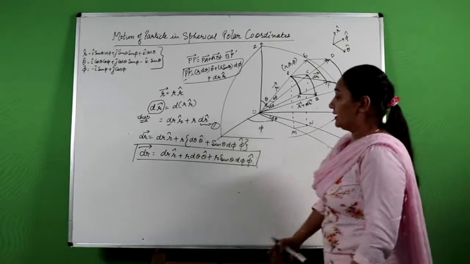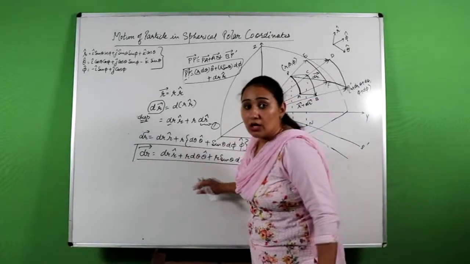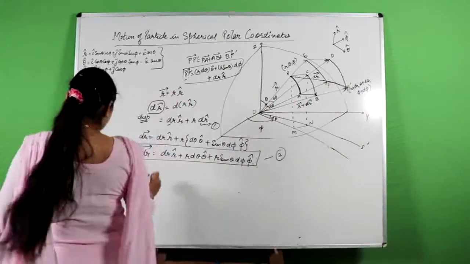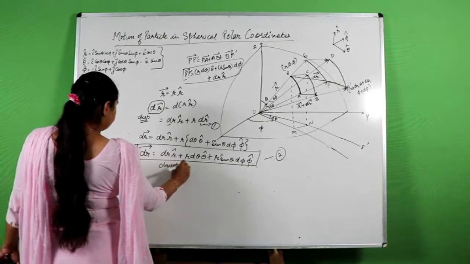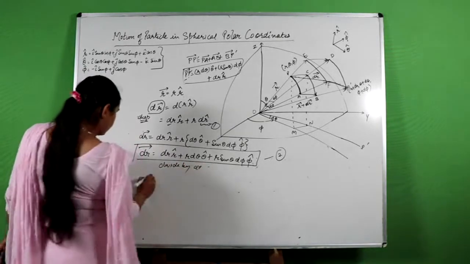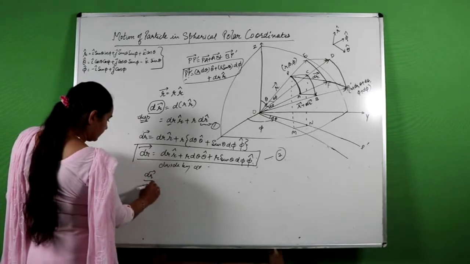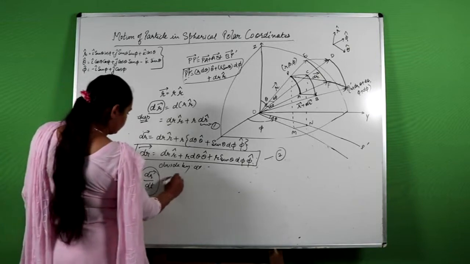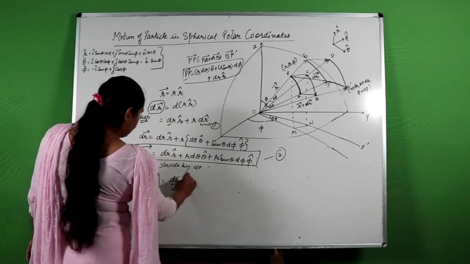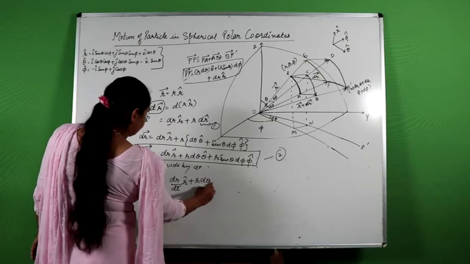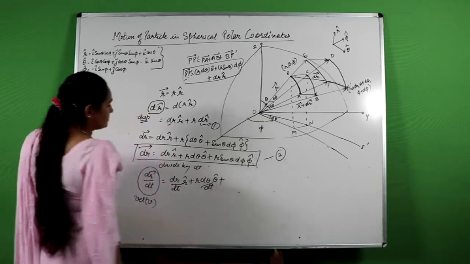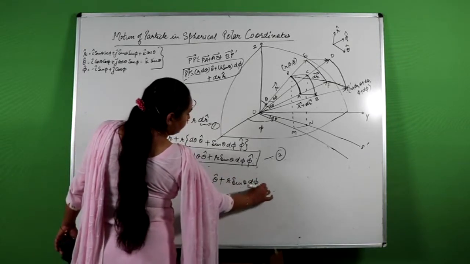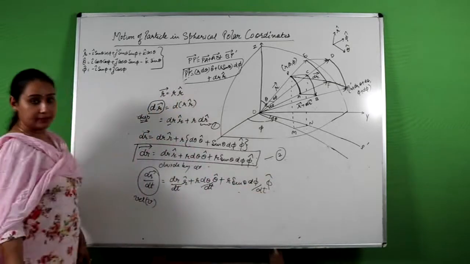It means if I divide this equation throughout with dt, let it be 2, I will get dr by dt, that will become my velocity v equal to dr by dt r cap plus r d theta by dt theta cap plus r sin theta d phi by dt phi cap.